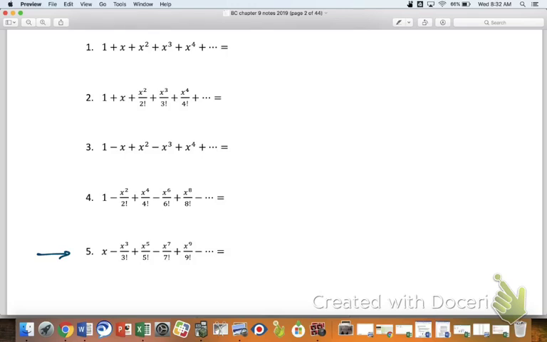It's actually a power series for sine of x. This one right here, number 4, is something else. It's actually the power series for cosine. I'm going to skip number 3 for now, and I'm going to skip number 1 for now. Those are strategic moves on my part. You'll understand maybe later. Number 2 is also a power series.